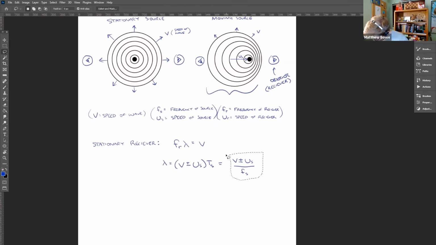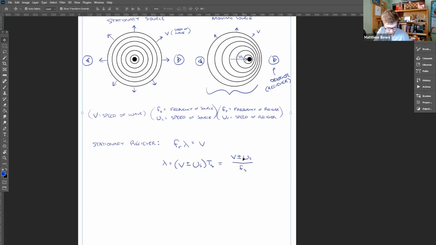And using this, I've pretty much found the wavelength. I could put it right back into this equation and solve for the frequency heard by the receiver.